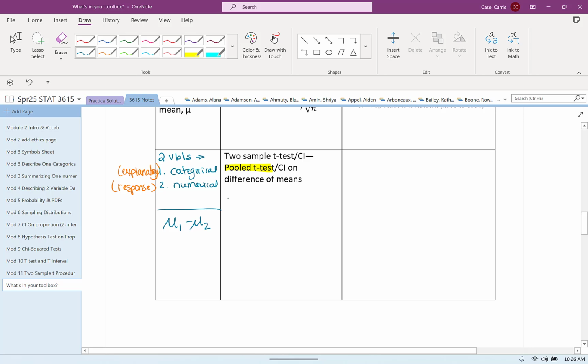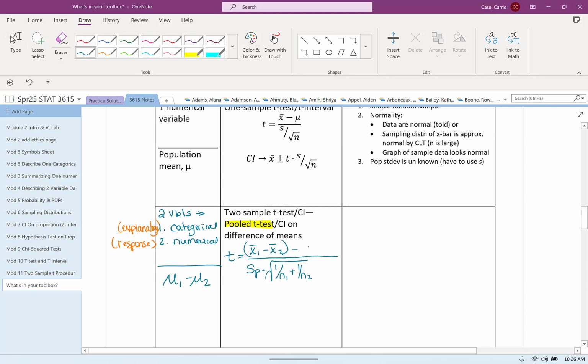And for the pooled version, the test statistic t is x bar 1 minus x bar 2 over Sp times the square root of 1 over n1 plus 1 over n2. And technically in the numerator, x bar 1 minus x bar 2 has minus mu1 minus mu2, but remember that we're looking to see if this difference is 0 almost always.